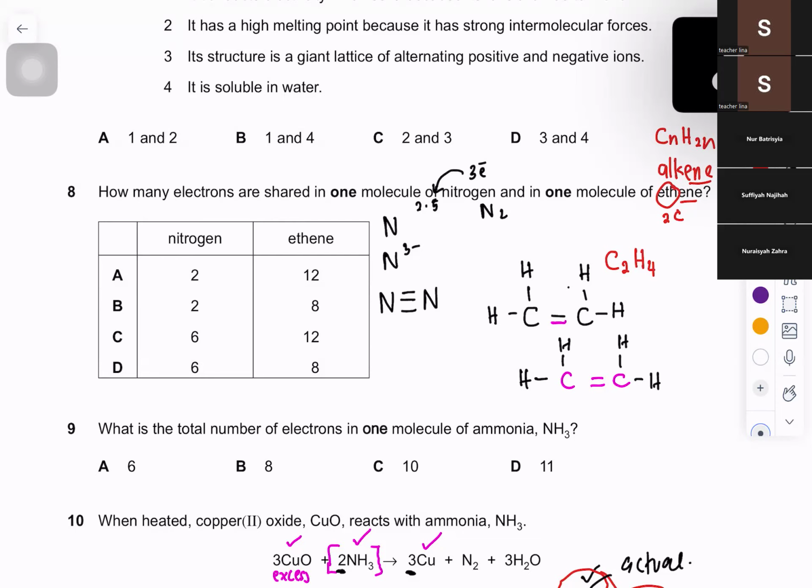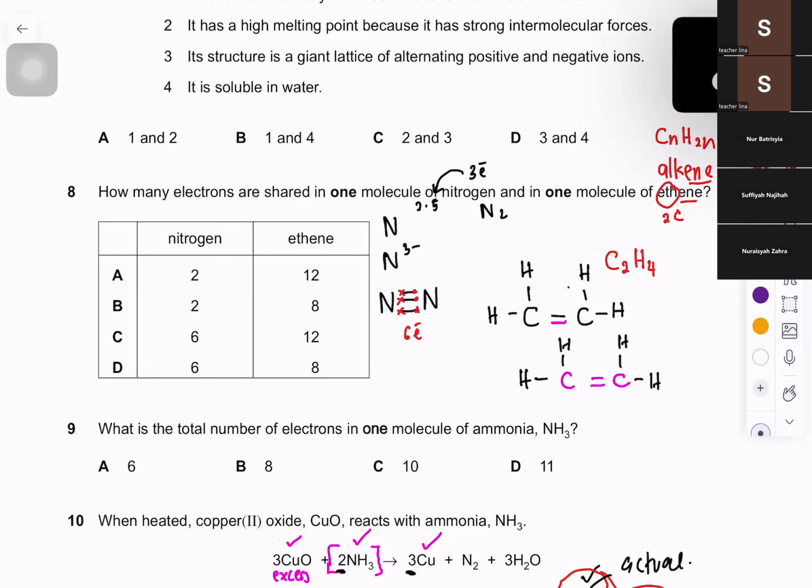Okay, settled. Then it asks how many electrons. It is not the pair of electrons. It asks how many electrons. So, dot and cross. Teacher has 6 electrons in nitrogen.